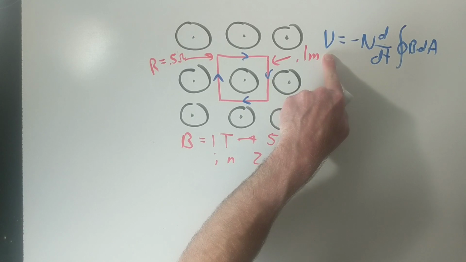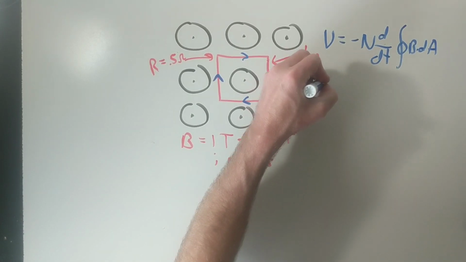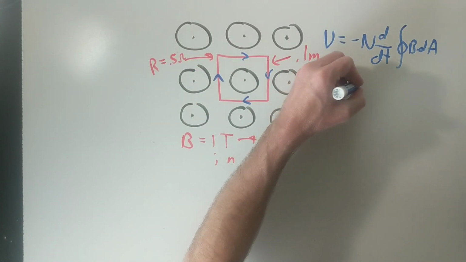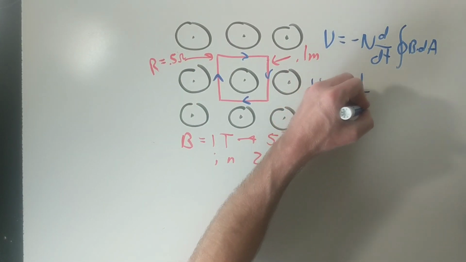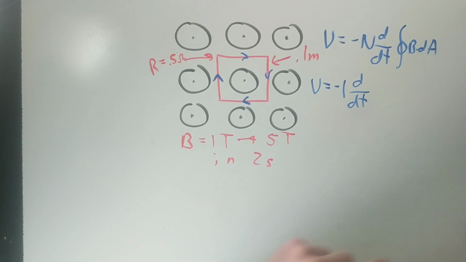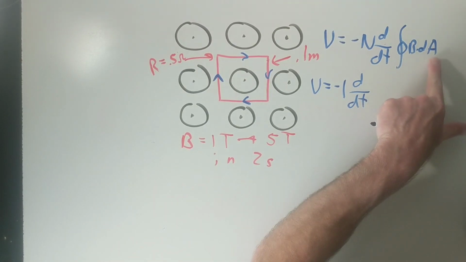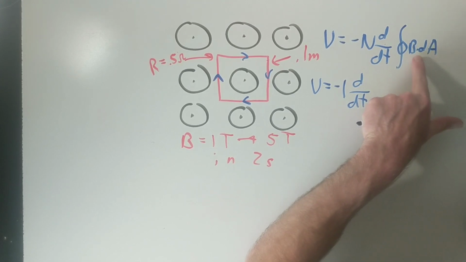So first of all, the voltage, negative N. That's just -1, since we only have one loop in this situation. Now it's the derivative of B dot dA. Well, this is really the change in magnetic field times the area over time. We'll just do final minus initial to find the change.